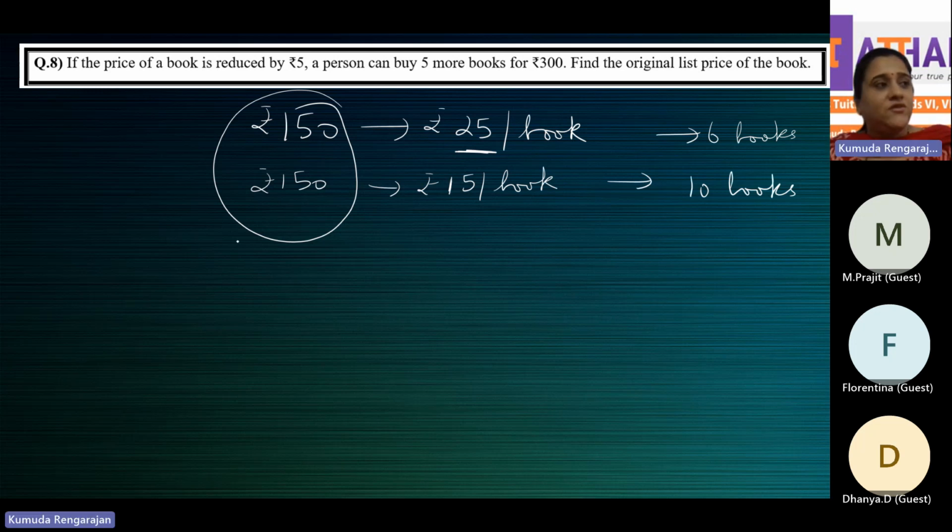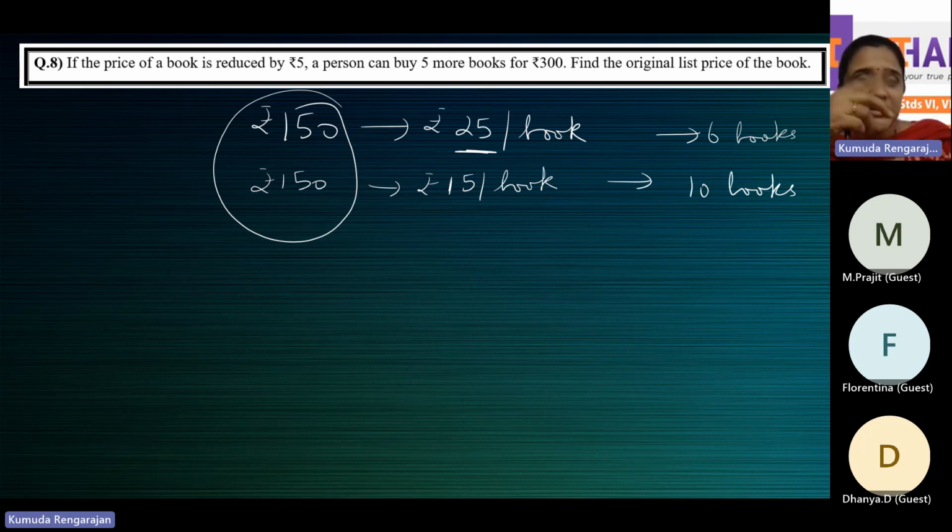So that means the difference in cost is 10 rupees, or you can say the difference in the number of books purchased. In our example, the difference in the number of books purchased is 4.